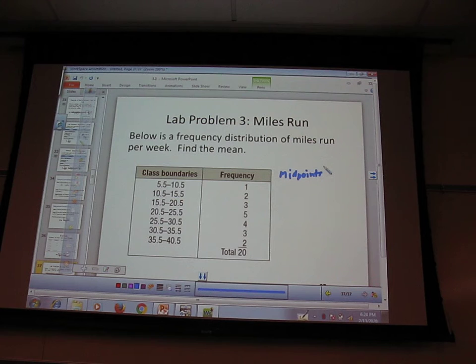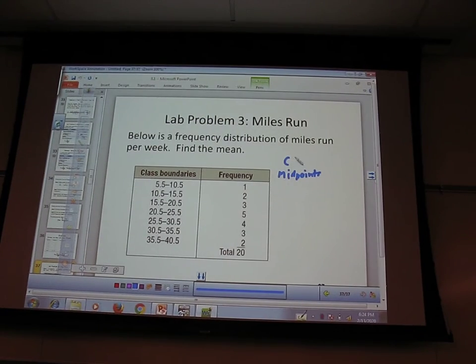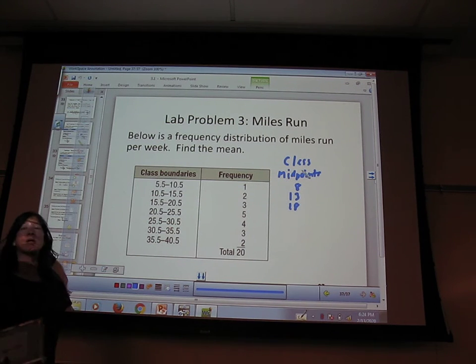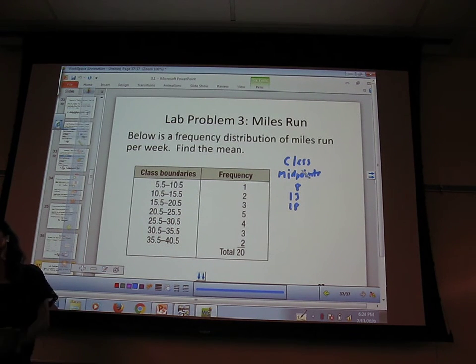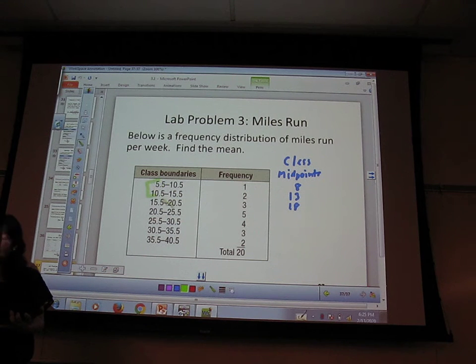Okay, so for midpoints, what did you guys get for those? 8, 8, 13, and then 13, 18, 18, 23. And you notice, how do I figure out what my class width is? You guys remember how to find a class width? You take two consecutive classes, their upper boundaries, lower boundaries, lower limits, upper limits, or their midpoints.